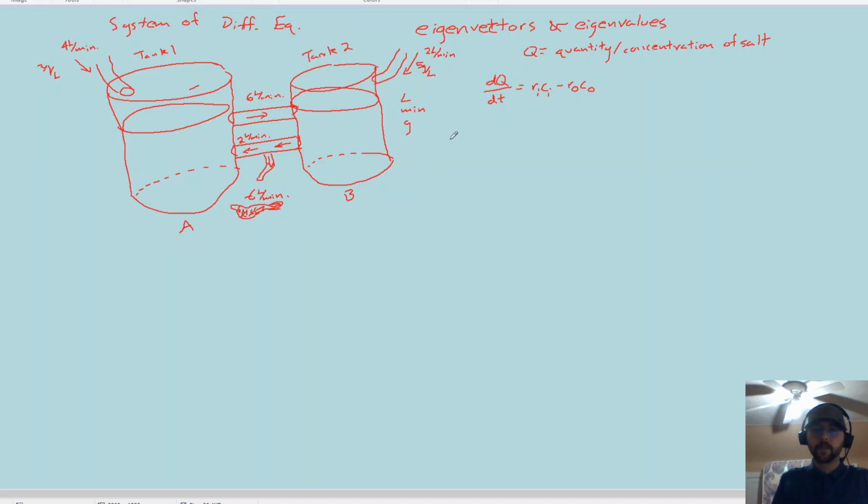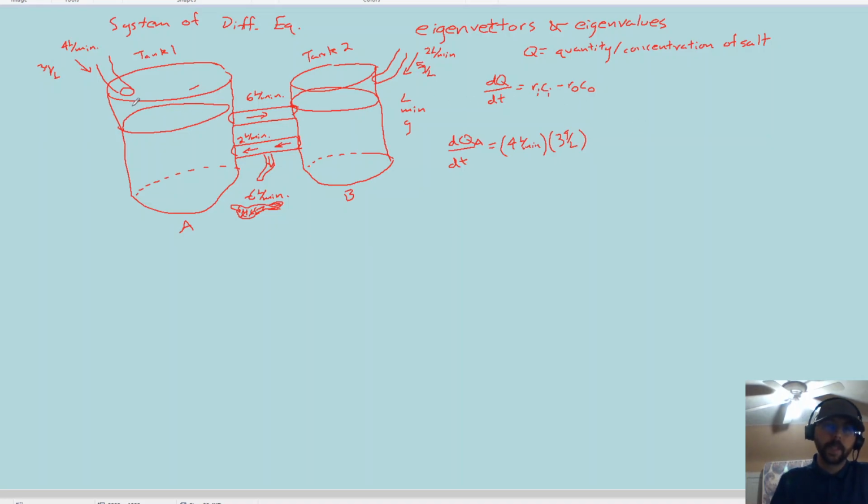So the first one will be in reference to tank A. So the rate of change of the quantity of A with respect to time equals the rate in, which is first going to be 4 liters per minute times 3 grams per liter.